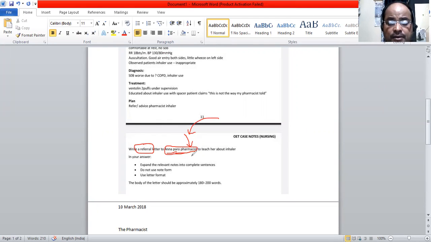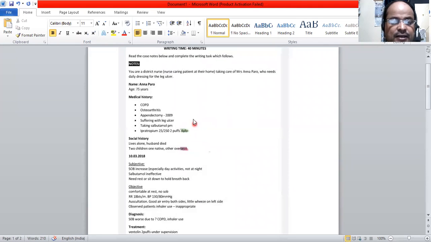We are asking the pharmacist to teach her about the inhaler. So what exactly is happening? We will be seeing in the case notes. First of all, let us see in detail.